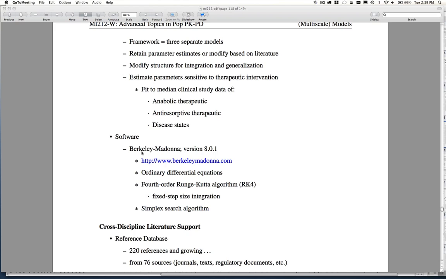Very easy to write things like differential equations in here, define different parameters, and importantly to simulate from Berkeley Madonna to get a feel for what's going on with each of these variables, sensitivity of variables, and then the longitudinal changes in numerous variables at once without having to go into, for example, a NONMEM control stream and tabling out a different set of variables every time you want to look at something else. It's much more straightforward within Berkeley. And so that was the software that we had used at the time.